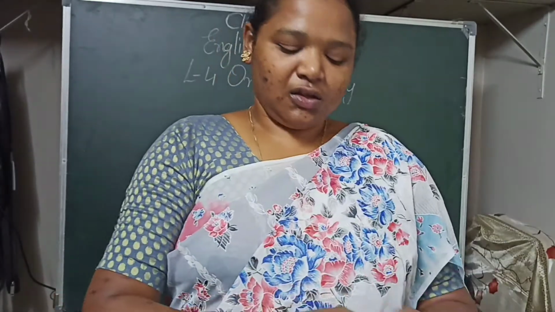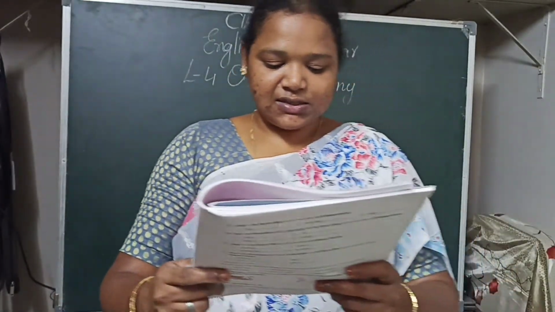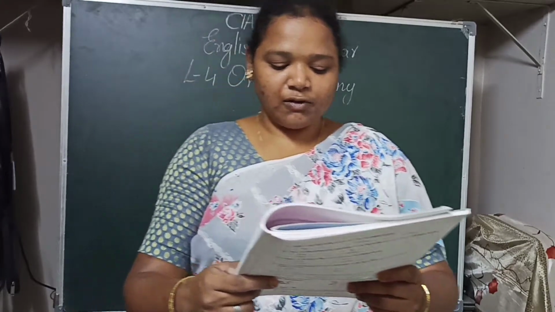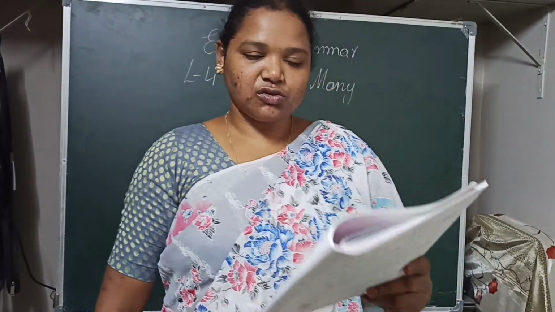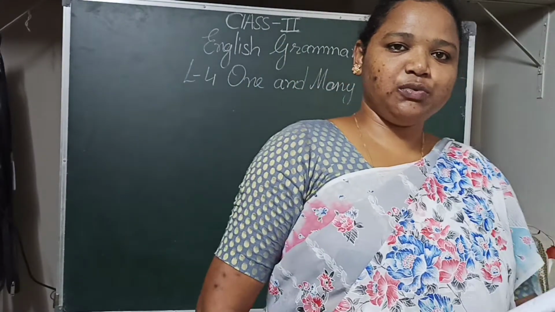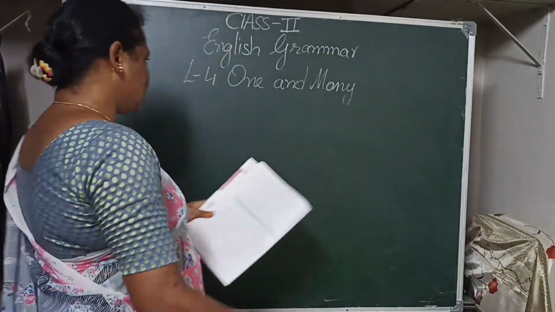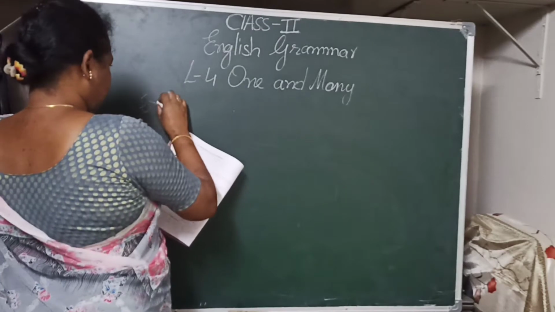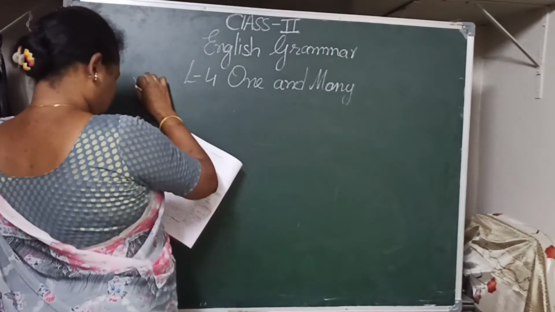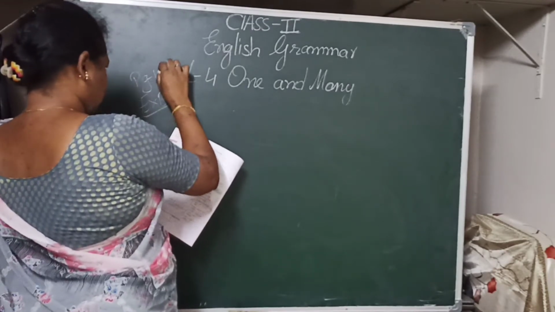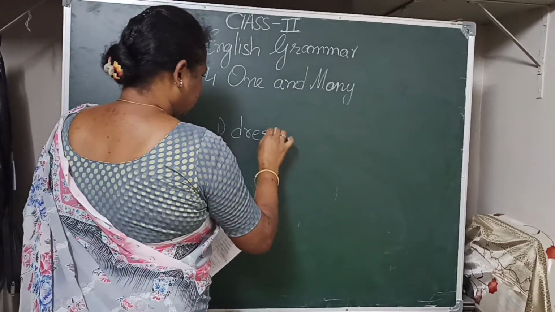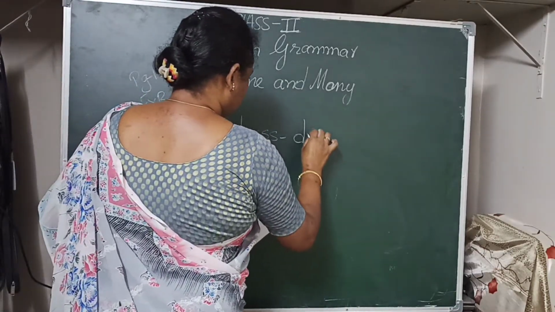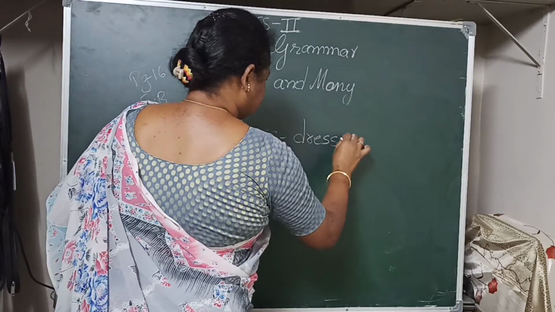Okay. The exercise after this is to add es to form the plural of these nouns. So they have given some nouns, and we have to add es and write the plural forms. The first word is dress. So, dresses.